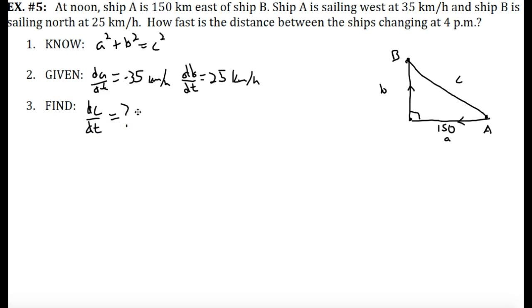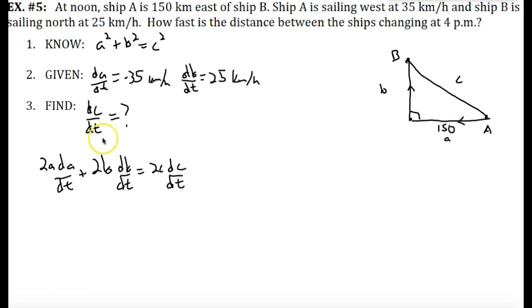I've got a lot of things I don't know right now, but let's just take our derivative and see what all we need to find. Just like the last problem, my derivative will be 2a times dA/dt plus 2b times dB/dt equals 2c times dC/dt.